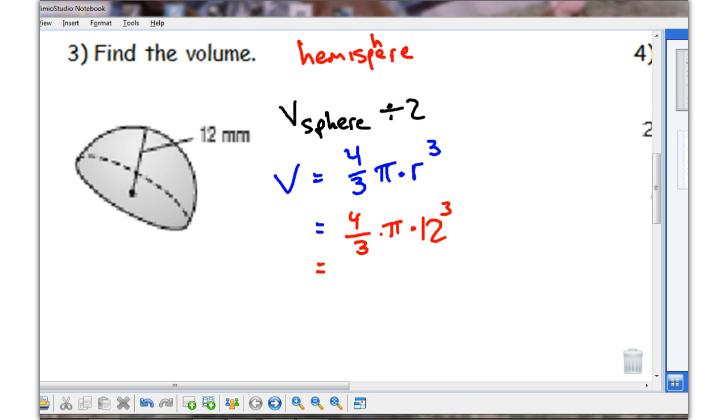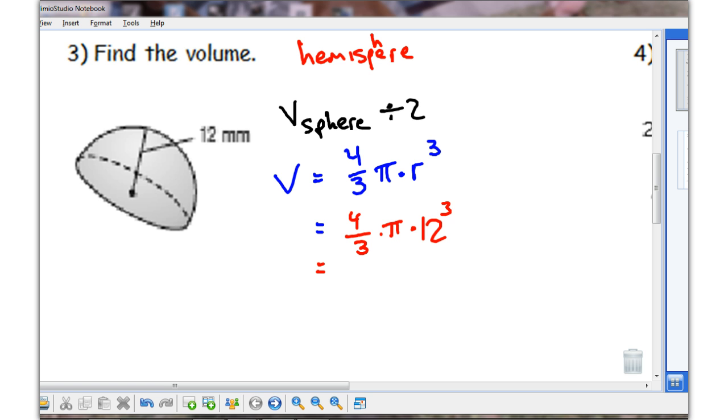So that's our radius. And once we do this math, 4/3 times pi times 12 cubed. Sorry, I was looking at the wrong answer key. Let's see. So 4/3 times pi, 3.14, times 12 cubed.